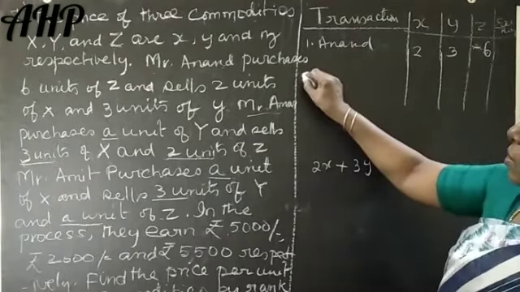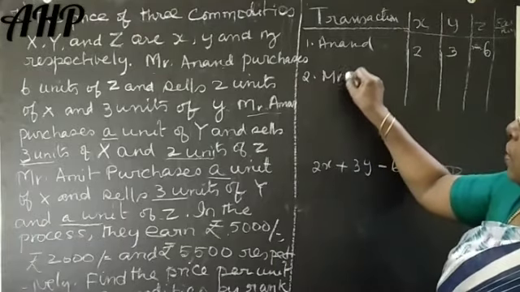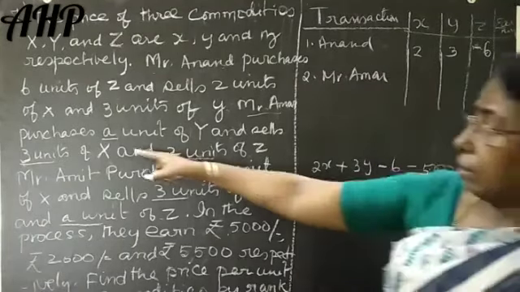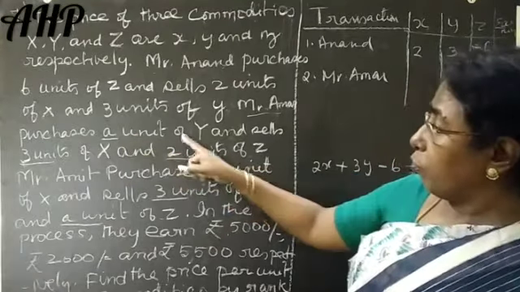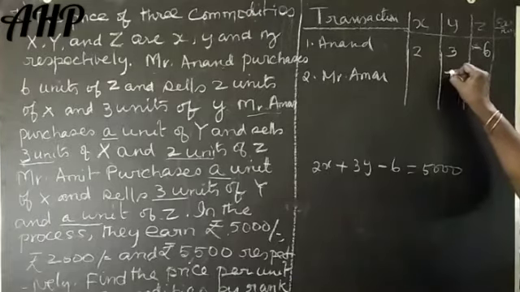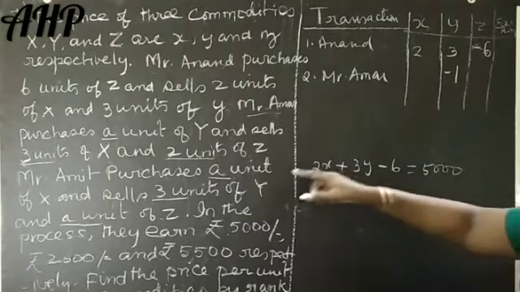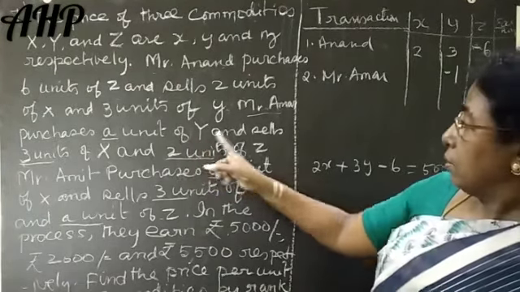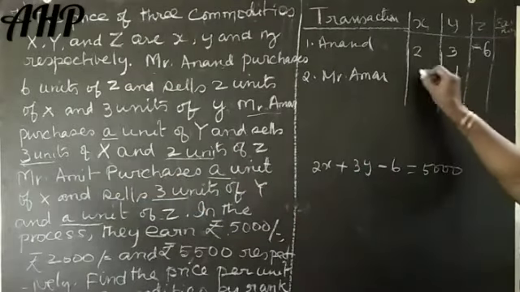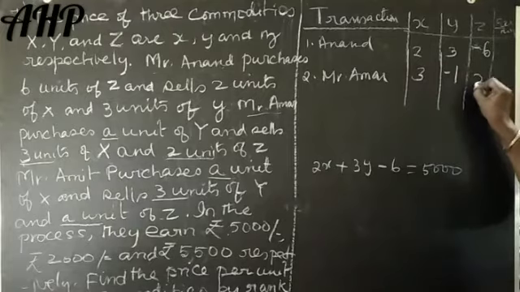Next person is Mr. Amar. Amar is purchasing a unit, that means 1 unit of Y. Purchasing, so he is giving out money. So this will become minus 1. And selling 3 units of X and 2 units of Z. So this is 3 and this is 2.